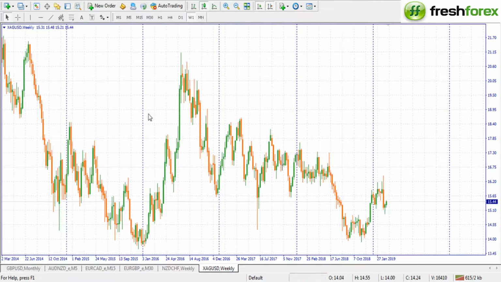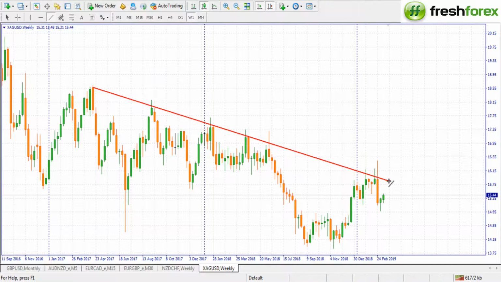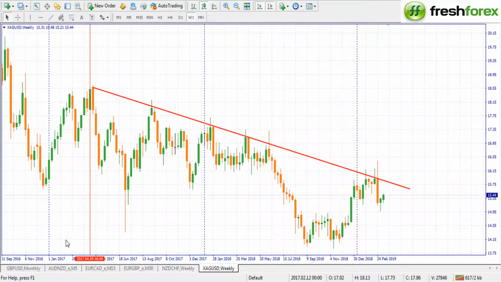So in this case, we have silver, and there's a very good trend line we are seeing on this chart. This trend has been holding since 2017.